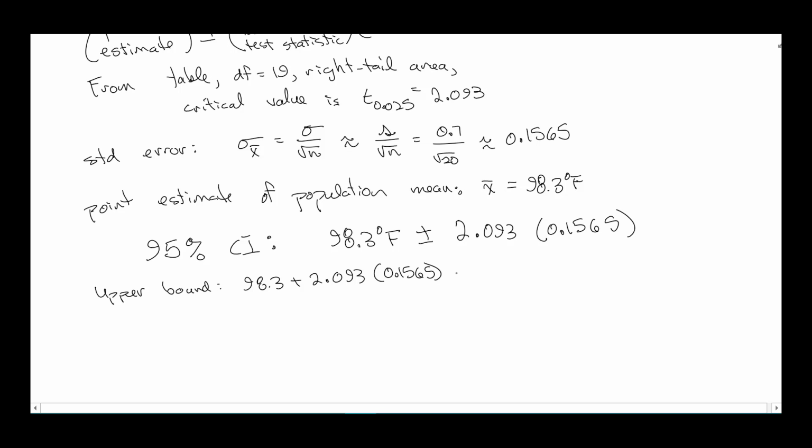So this one is going to give me 98.6276 degrees Fahrenheit, and usually we'll round this to 1 more decimal place than our mean and our standard deviation are rounded to, so that would be 98.63 degrees Fahrenheit. And then my lower bound, same thing, except we're going to have the minus sign in there.